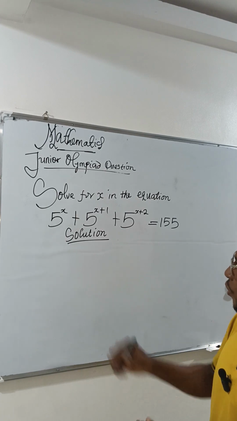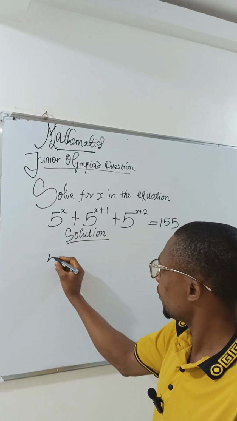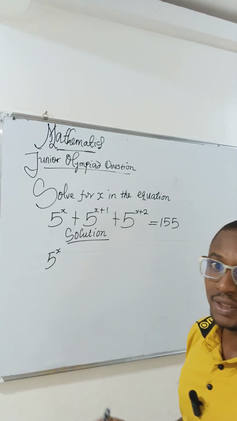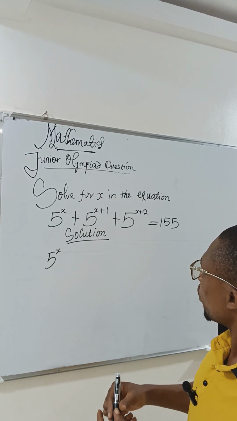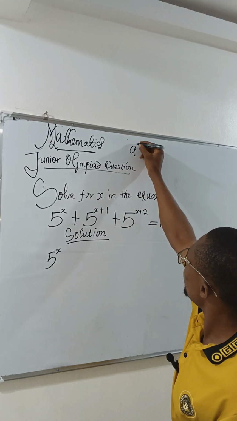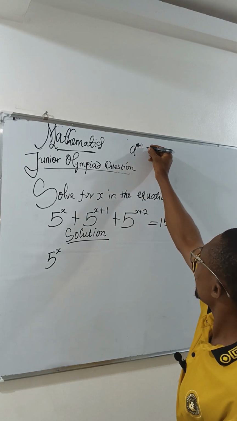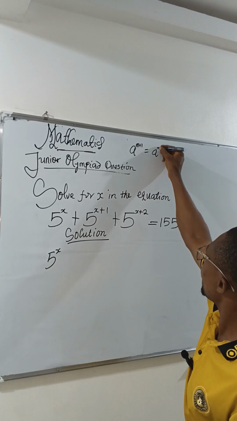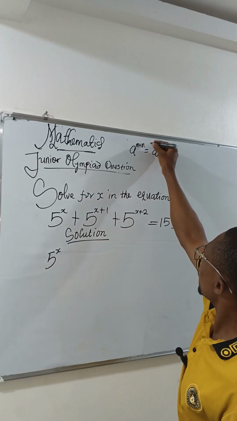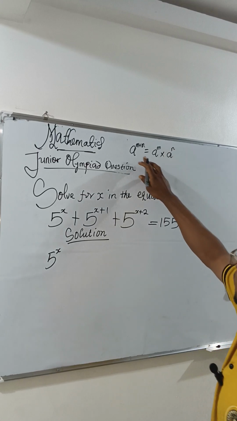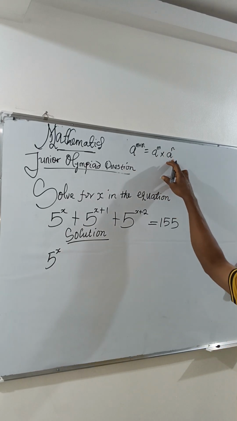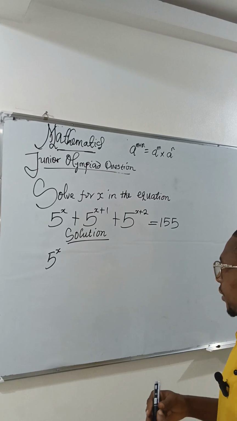First of all, we have 5 to the power of x. Then we have this one, 5 to the power of x plus 1. Remember, a to the power of m plus n is the same thing as a to the power of m times a to the power of n, according to the multiplication law of indices.